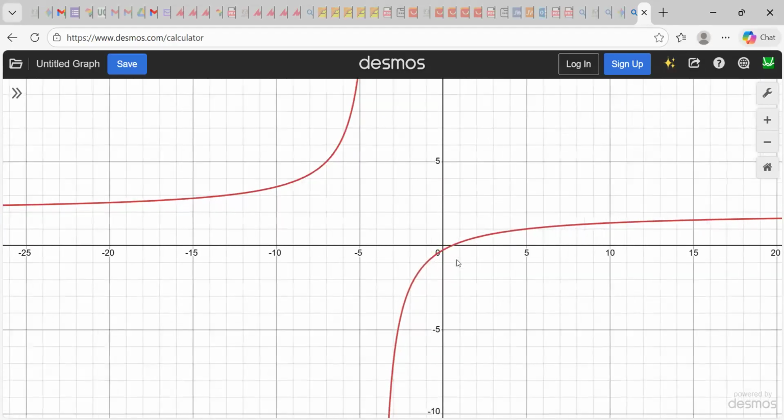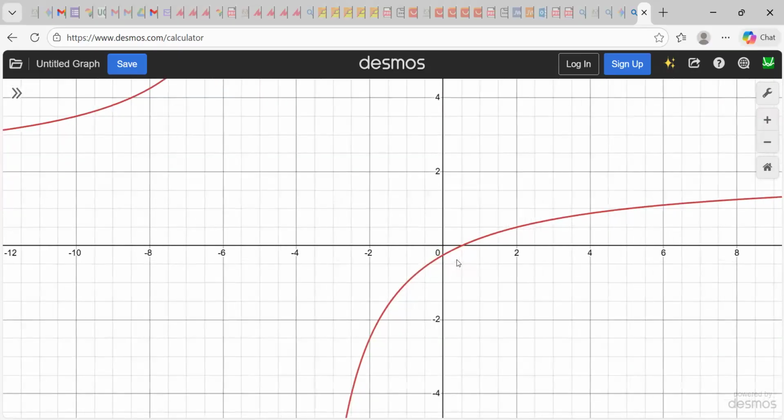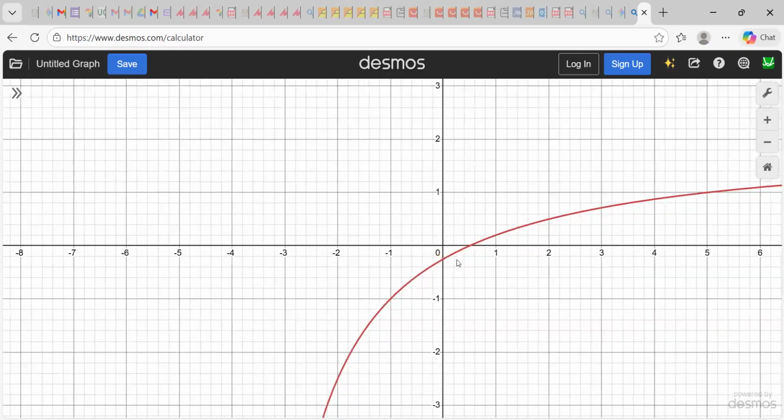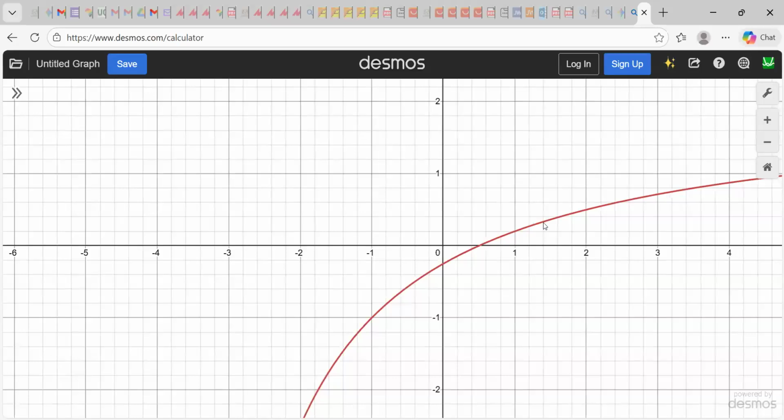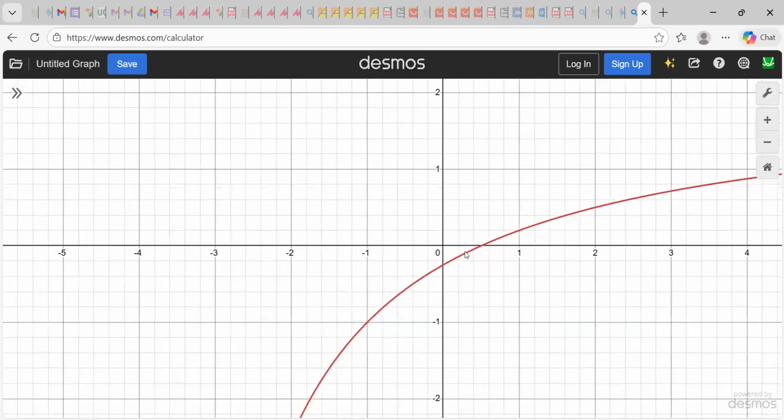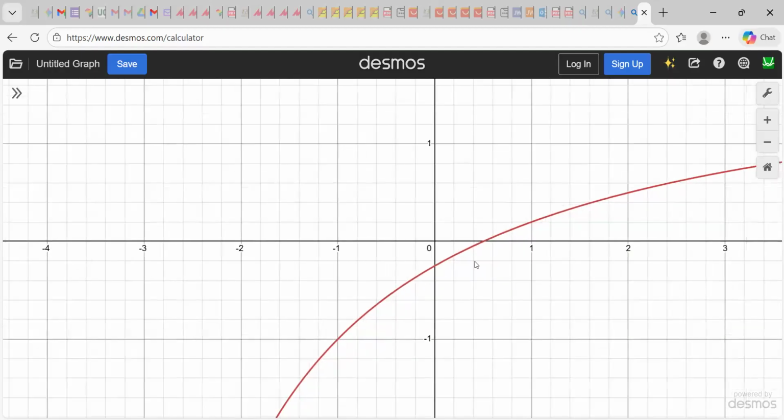But at 3/2, where's 3/2? 3/2 is what, 1.5? Did we get 3/2? But this is not 3/2.